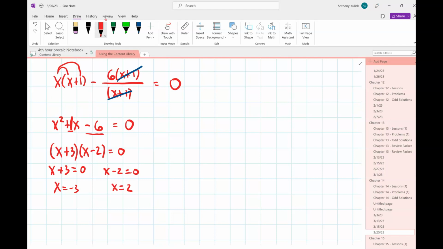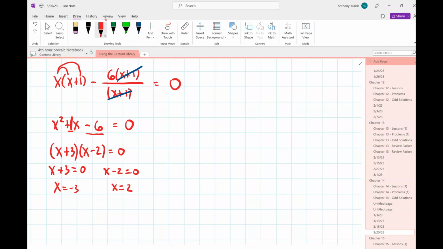Think back to last section. Those only occur when the denominator is equal to 0.